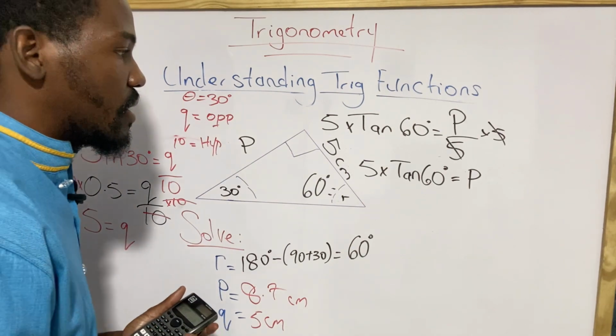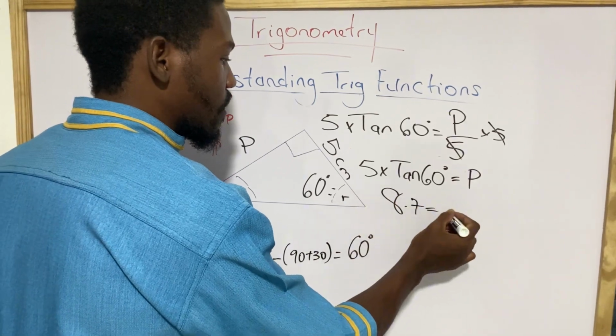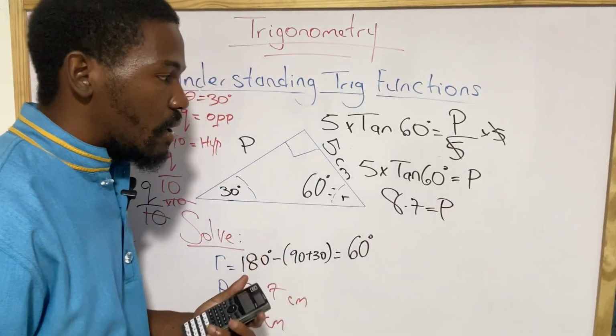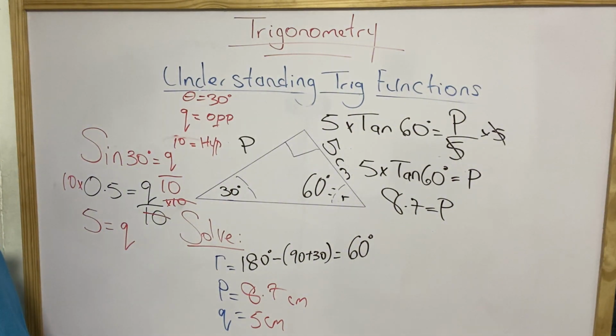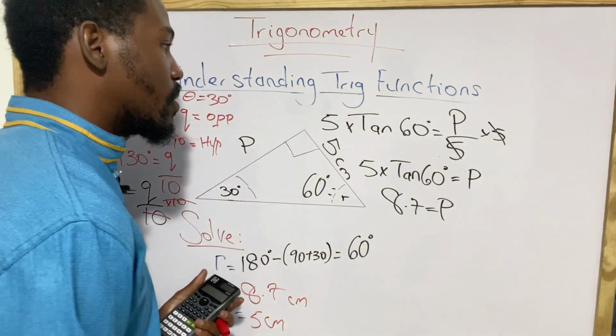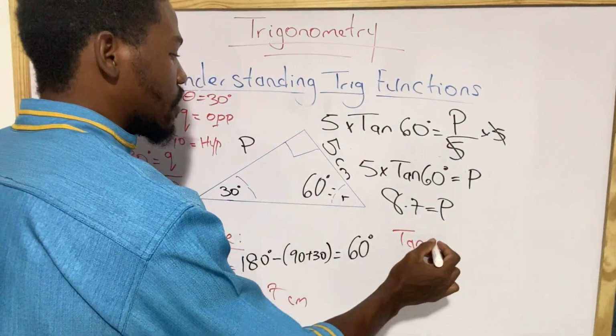So you can see that it literally gave us the value of P to be 8.7 again, right? Just to use tan, but just for us to actually see as well, where we could have said that we're going to use tan and use theta to be 30 degrees.